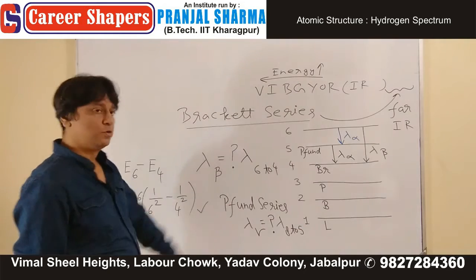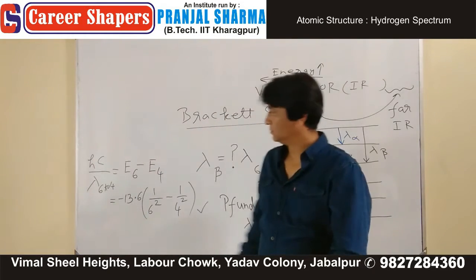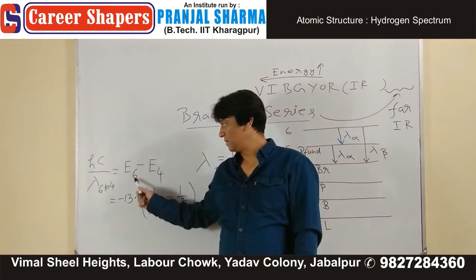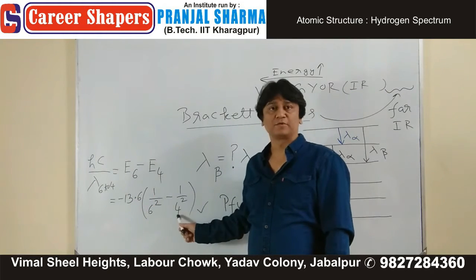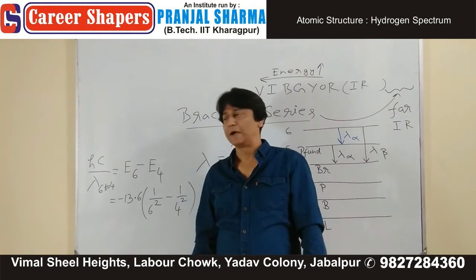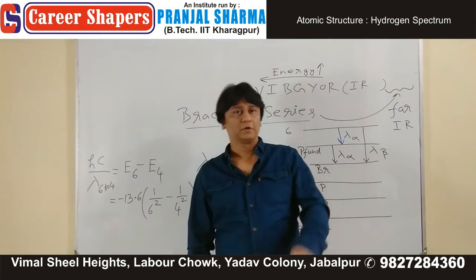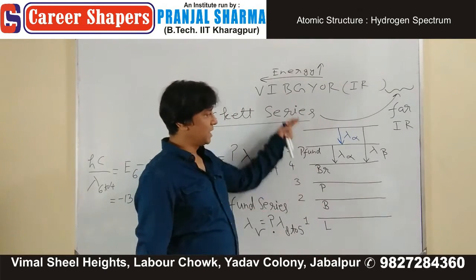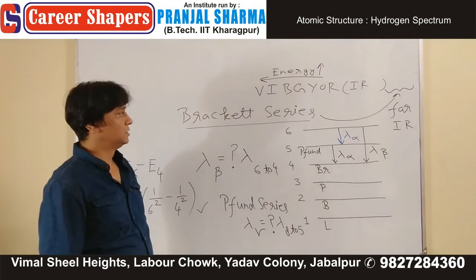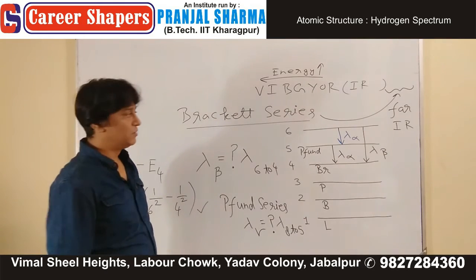And then you know what to do. If it's from 8 to 5, just write down 8 to 5, 8 square, 5 square, and you can easily calculate its value. Just draw a setup like this, and you can always figure out the type of jump we are interested in.